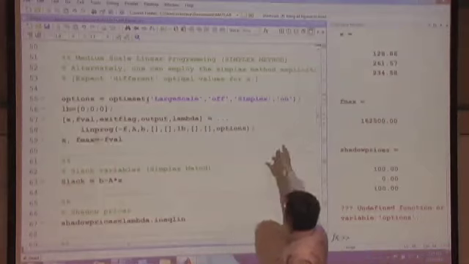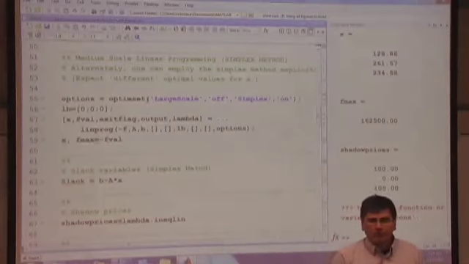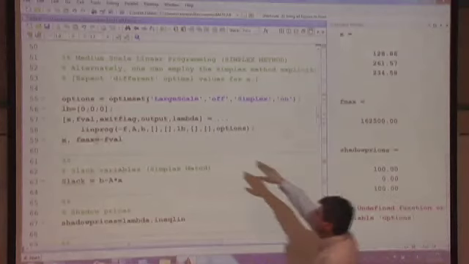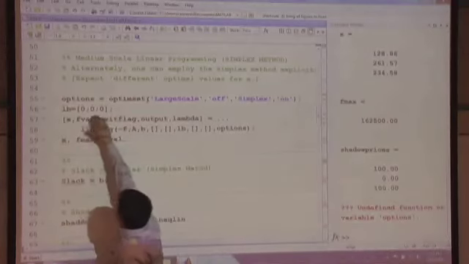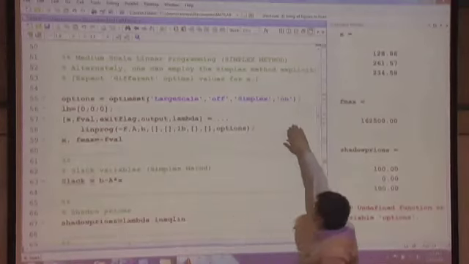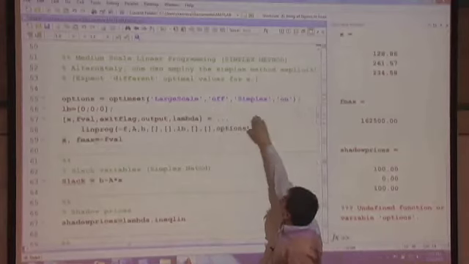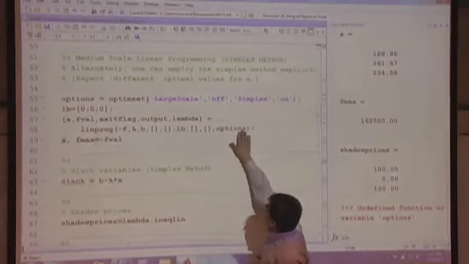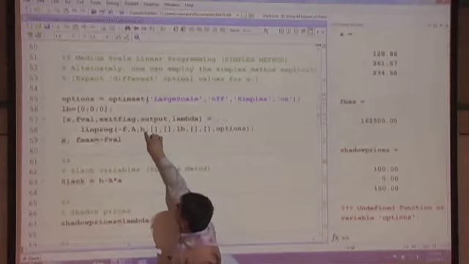If you want to use the simplex method, if you've done it by hand and you love it and you want to see how it does, then there's this. You have to define options. So just copy and paste this, and you see large scale off, simplex on, and then you run the same thing again, but you have to type it in here, right? And when you type it in here, remember last time we only used 3 inputs for the linprog?